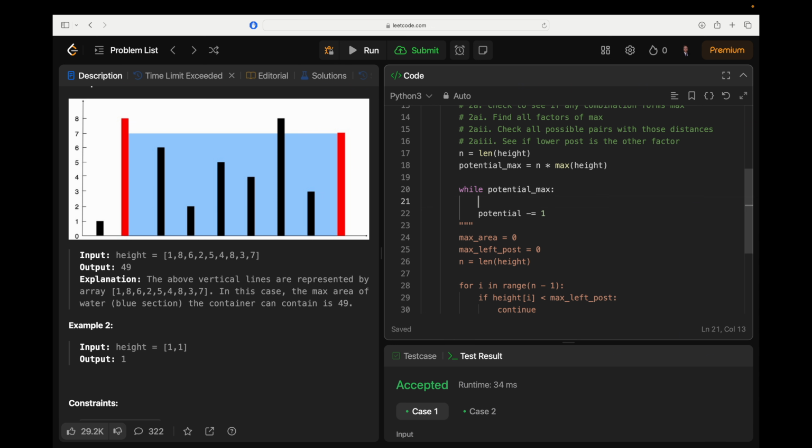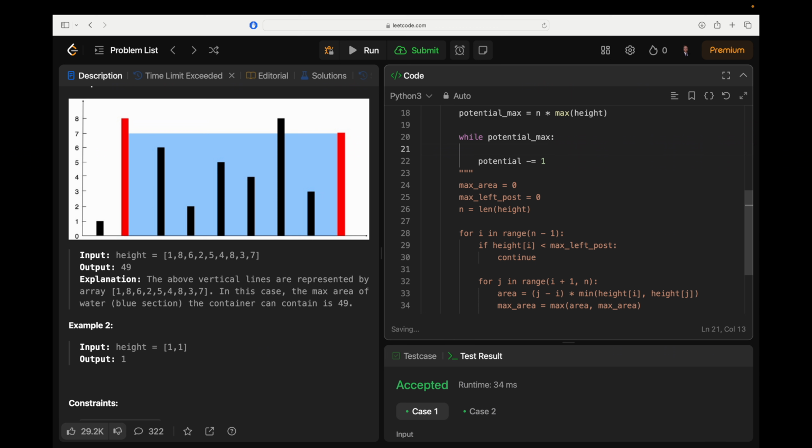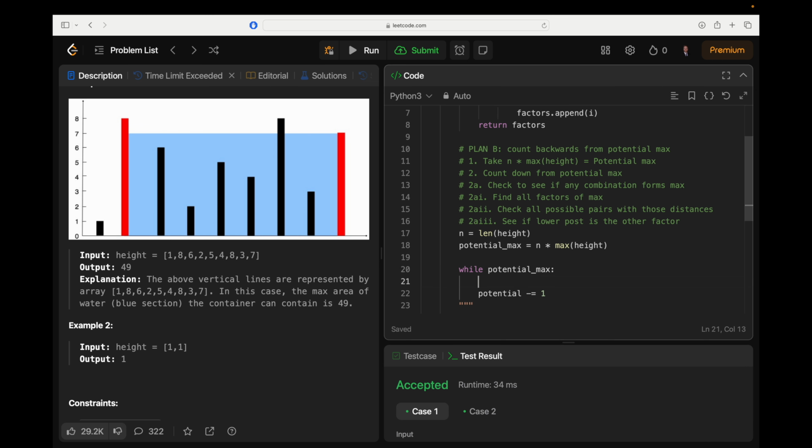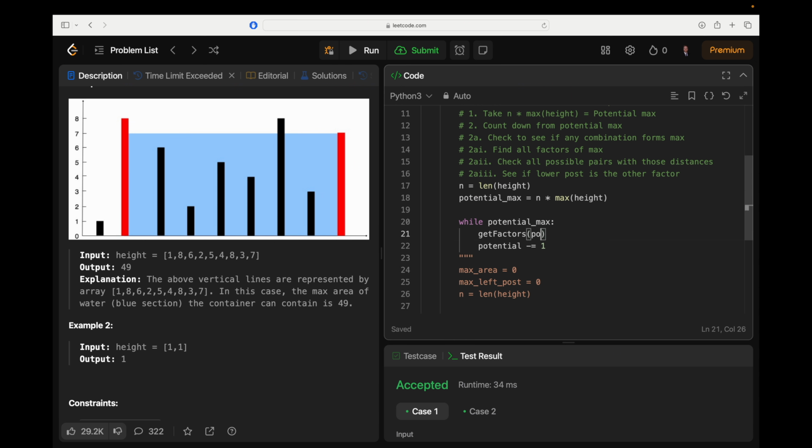While the potential max is still there, we're gonna say get_factors of potential max. For f in factors. This is getting ugly.